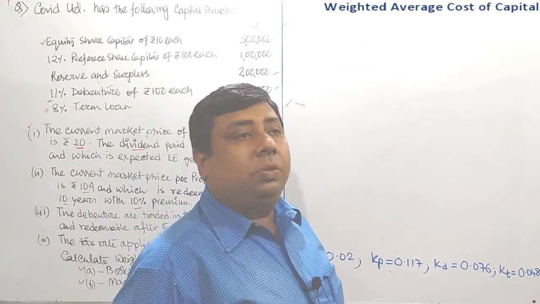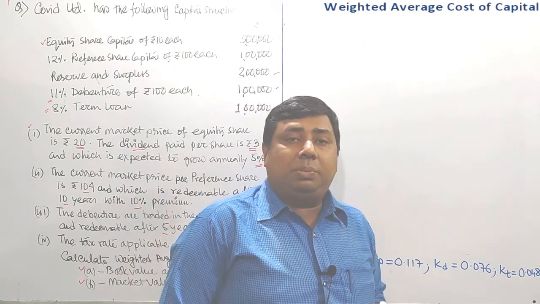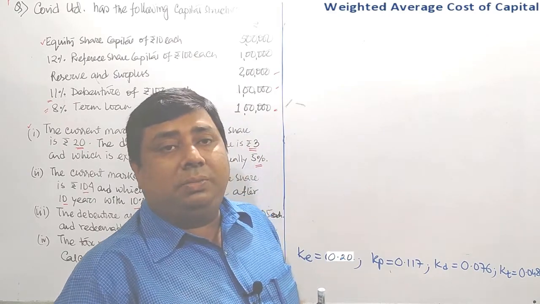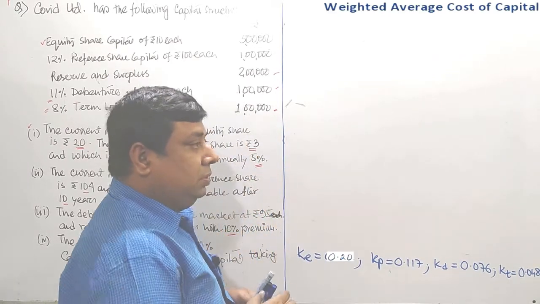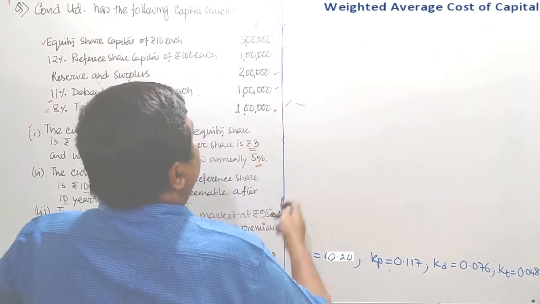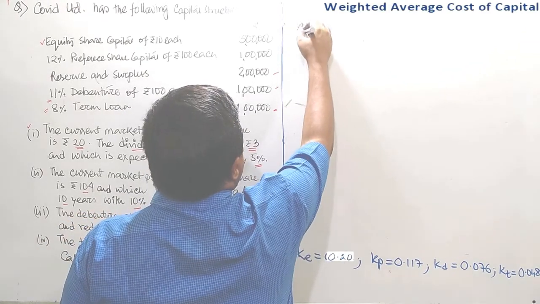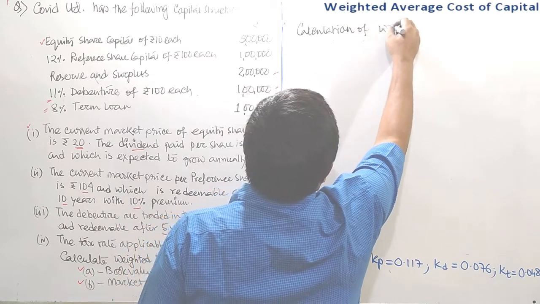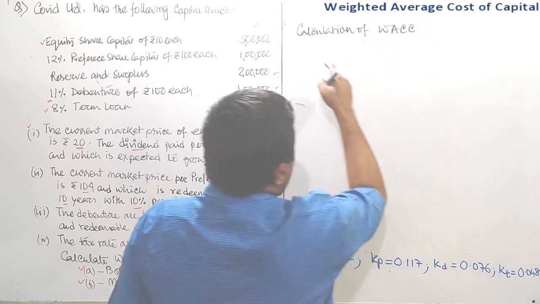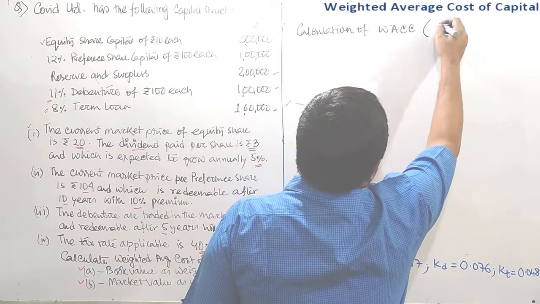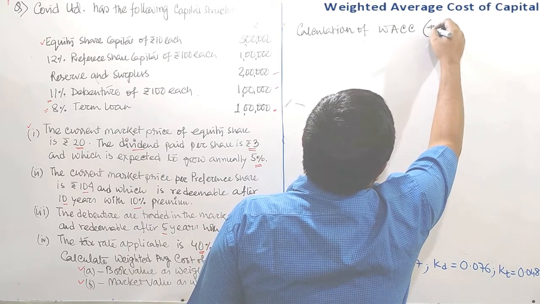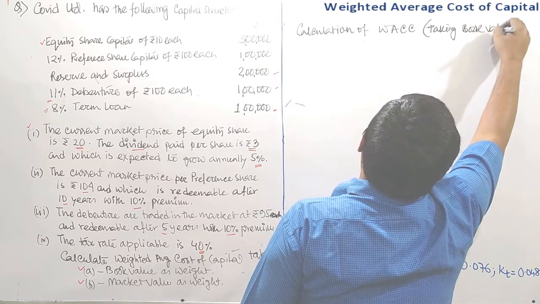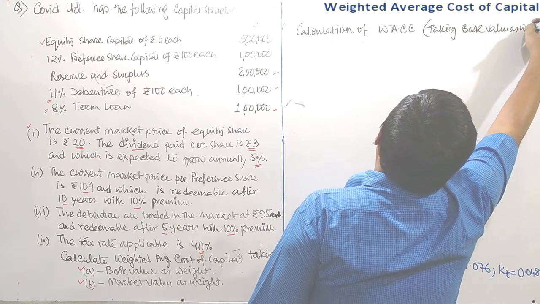We are going to calculate weighted average cost of capital. Each and every cost of the components of capital is available to us. Now we are going to calculate WACC. So first, the calculation of weighted average cost of capital, in short WACC, taking book value as weight.